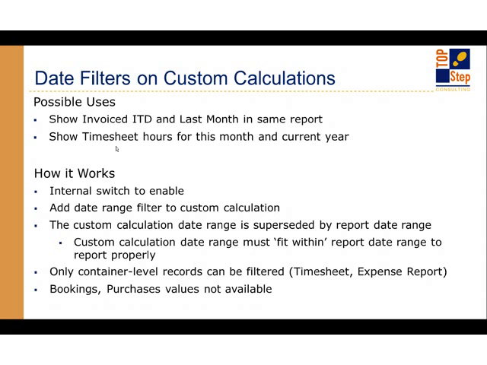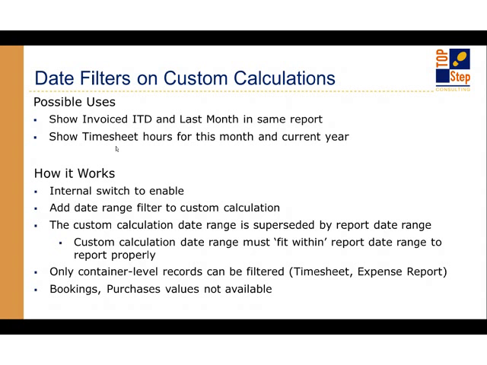But here are some of the limitations. The date range is superseded by the report date range. That's a confusing way to say this, so I'll try it in a couple other ways until it makes sense. If your custom calculation is filtered by a particular date range, let's say monthly, that date range has to fit within the reporting date range on your report to be able to show it properly.